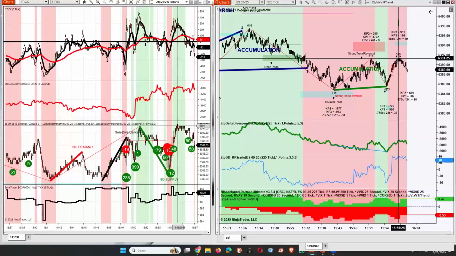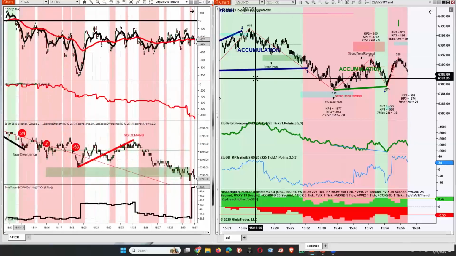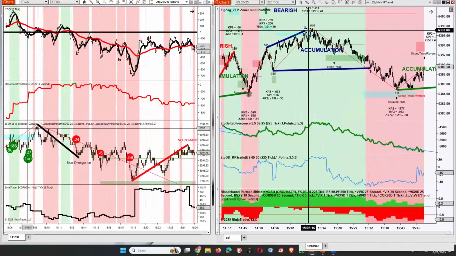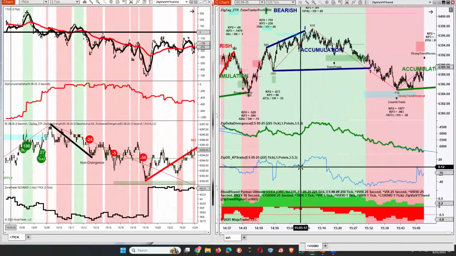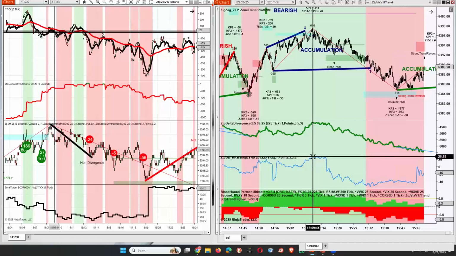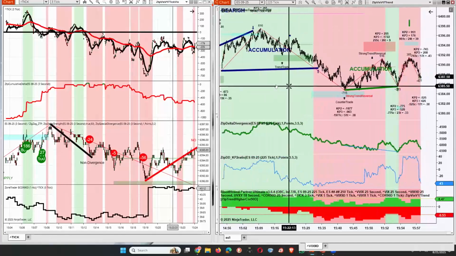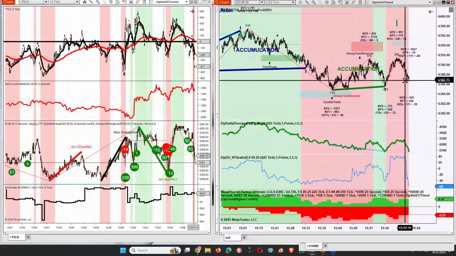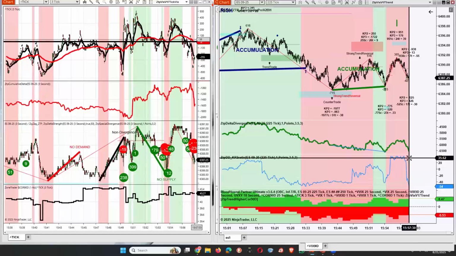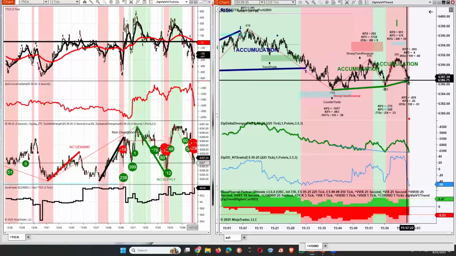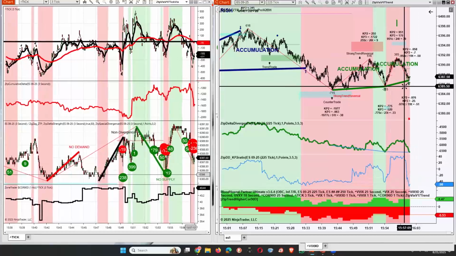Not necessarily in this trade, but if we go back to right here, at this point, we can see that the resistance was rising into the high. That's what I want to see. It's now flipped into that we had our zigzag. It's flipped into support.